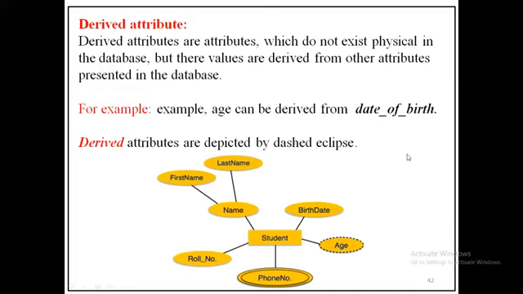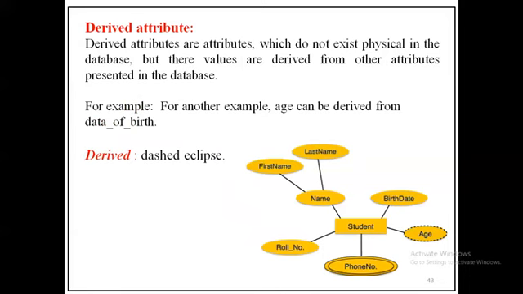By using that date of birth, can you calculate the age? Obviously yes, right? That's the reason age is called a derived attribute. Another example: if you know the total marks, you can calculate the GPA of a student. So total marks and GPA are derived attributes.